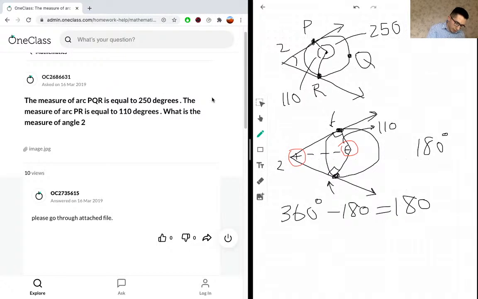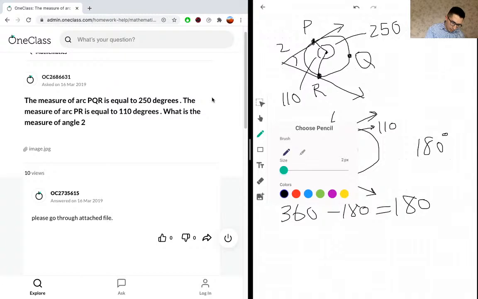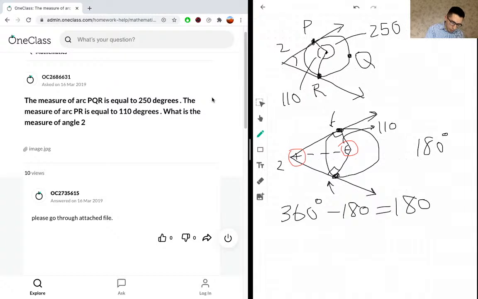So we're left with the last two, so angle 2. So angle 2 plus the value we already know, 110, is equal to 180.